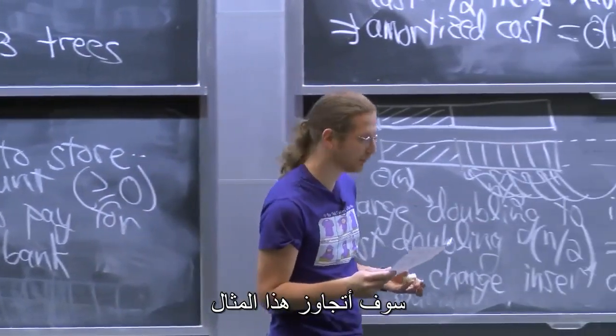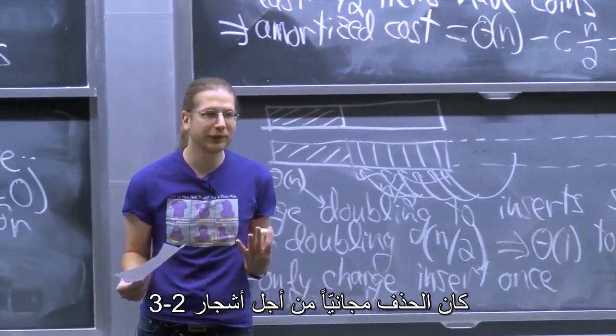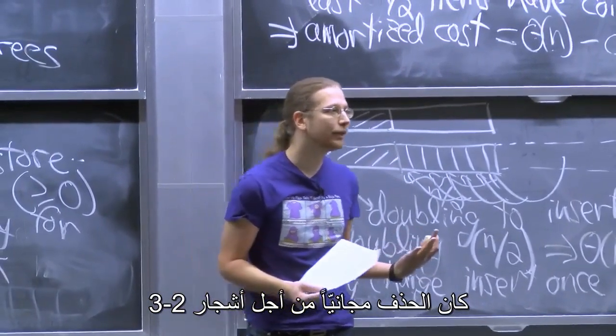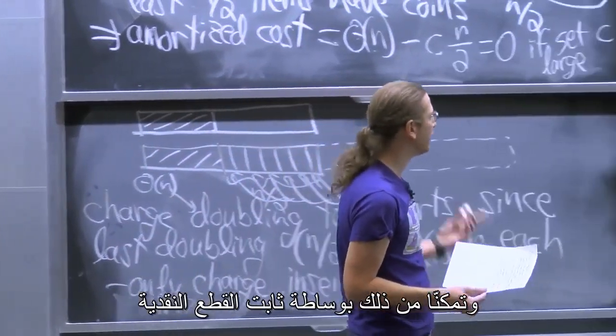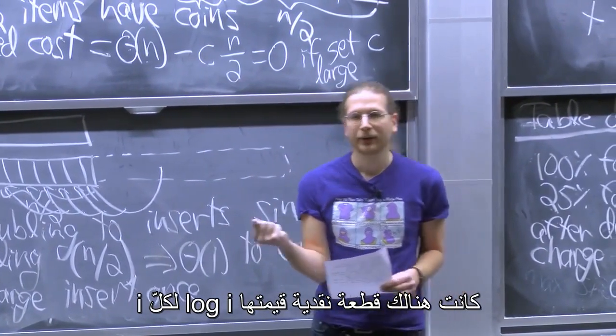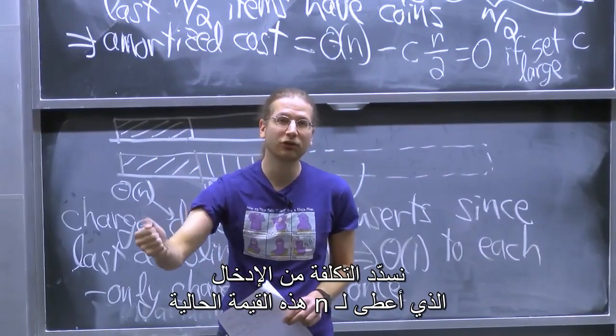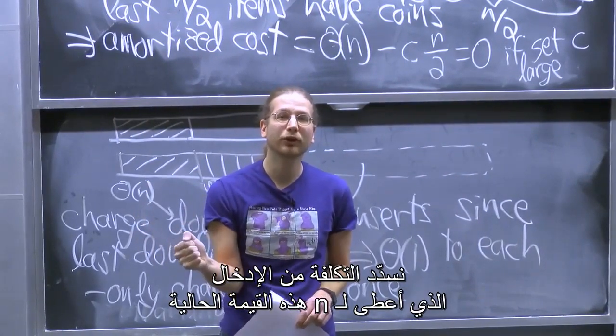I think I'll skip this example, but I'll just mention it. So for 2-3 trees, we said deletions were free. And we did that with the coin invariant, that there was one coin of size log i for each i. You could instead say, when I delete an item, I'm going to charge it to the insert that made n this current value.